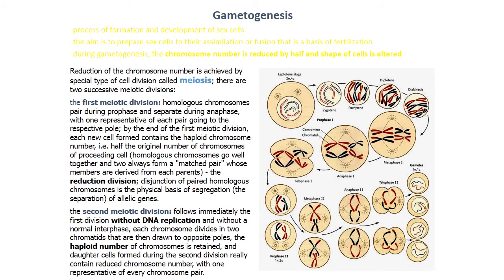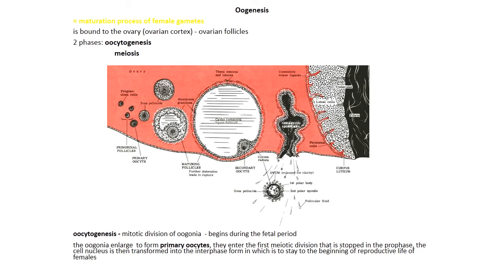And once the ovum is discharged and it happens to be fertilized, then only the second meiotic division is completed, once the sperm enters into the ovum. So this is how the diploid ova is converted to a haploid ovum by the process of meiosis.